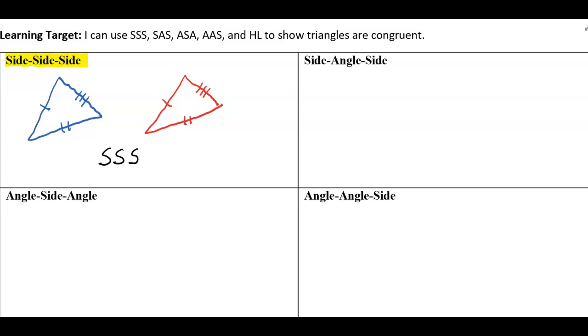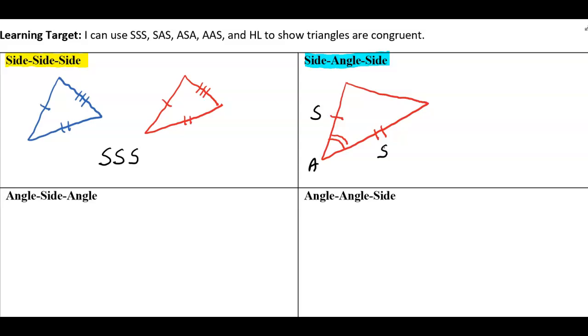The second way to justify congruent triangles is side, angle, side. Here the angle must be between the two sides. So in terms of a picture, we have a side, the angle here that I just marked, and a side. This is the diagram for side, angle, side.